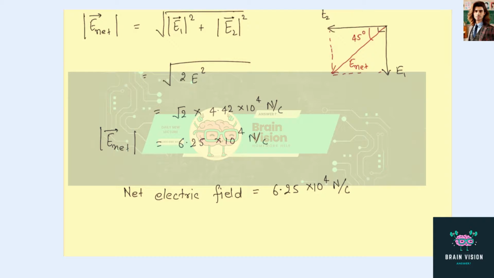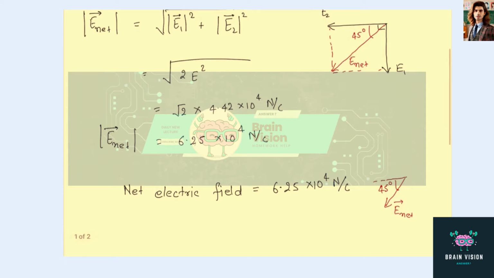And how to write its direction? So its direction will be in the downward direction at an angle of 45 degree. So this is the answer for first part of the problem.